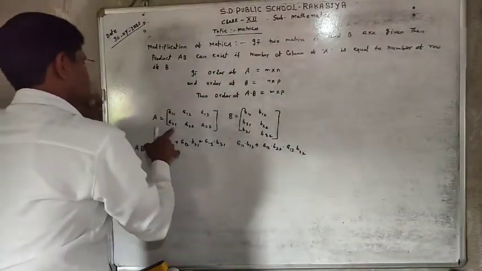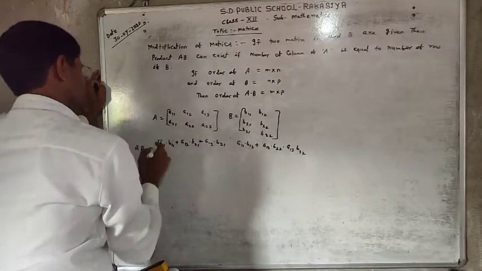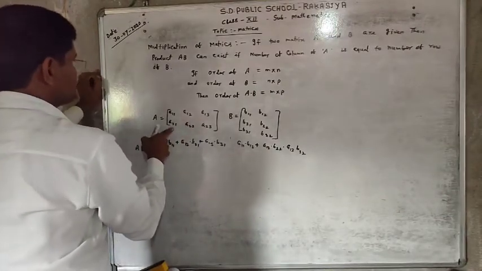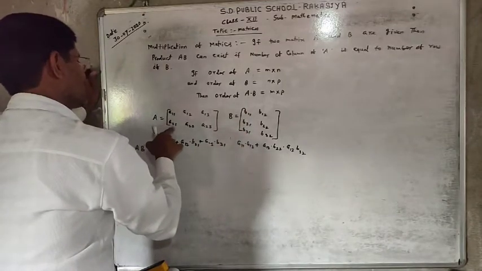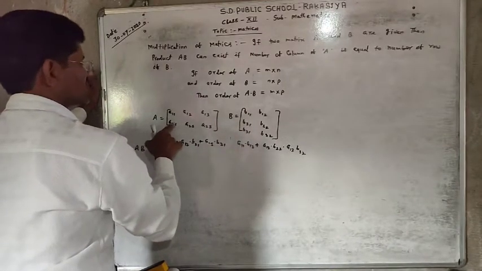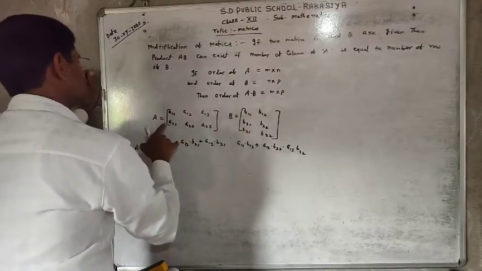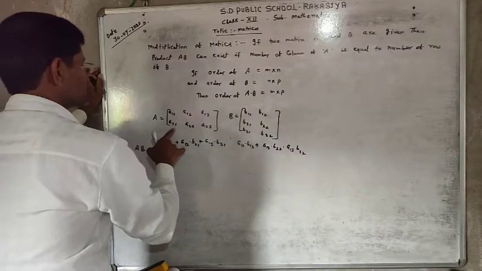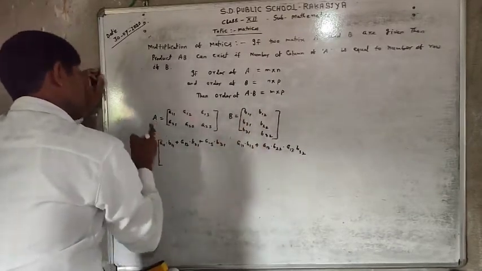Now from the second row, we multiply the second row of matrix A with the first column of matrix B, and again the second row of matrix A with the second column of matrix B.